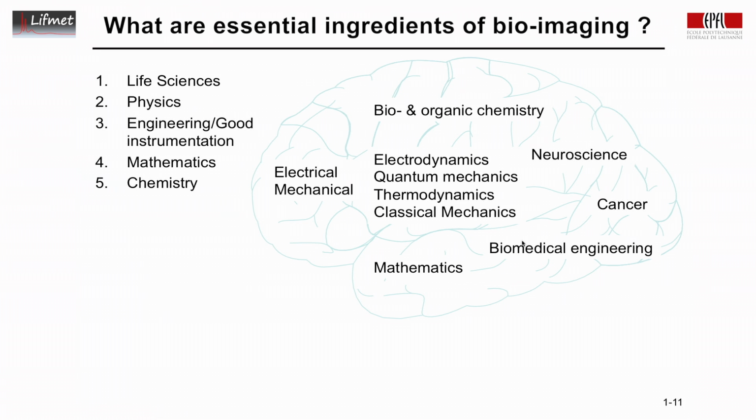And finally, in biomedical imaging, one also needs chemistry, and we will also discuss where chemistry comes in with contrast agents. We do not need to be experts in every one of the fields.